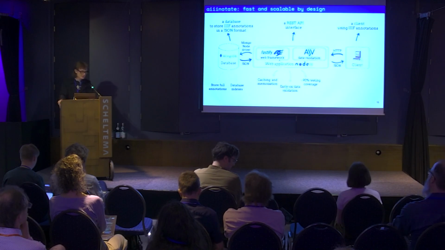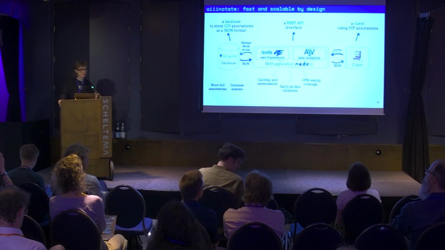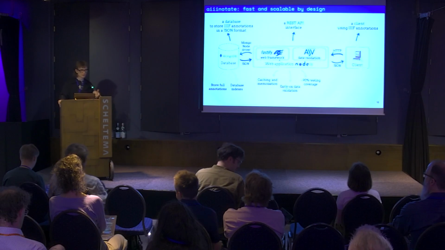On the database side, to make things faster, what we do is that we store full IIIF annotations. There's a trade-off going on here, because what this means is that your database will be heavier than it could be, because we're going to store entire annotations, and so we're going to store redundant fields from one annotation to the other.